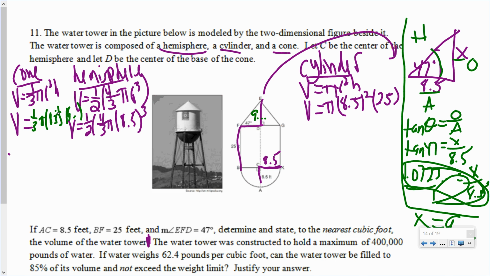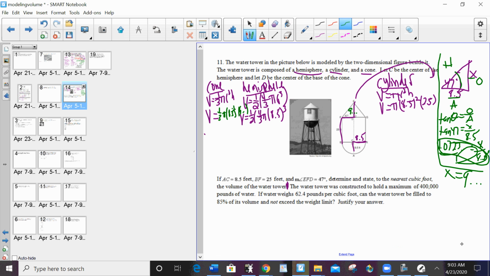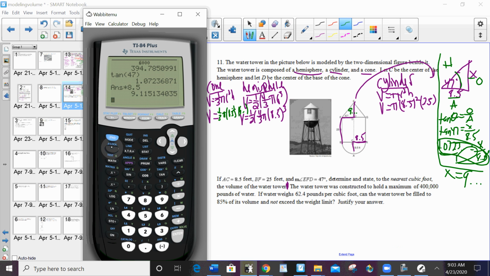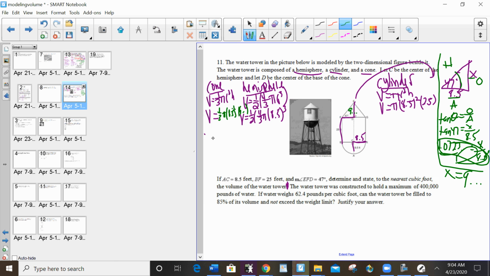So let's type everything into the calculator now. Let's start with the cone. 1/3 pi 8.5 squared times that, 689 dot dot dot.